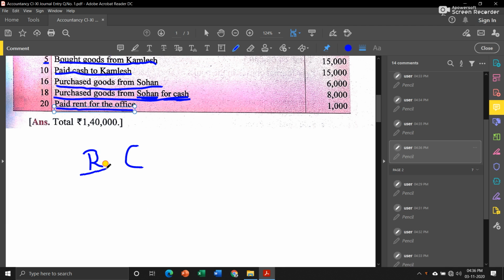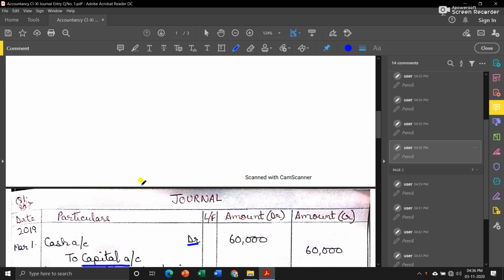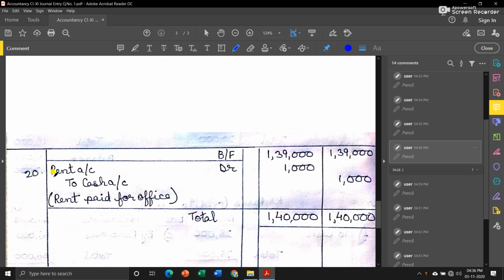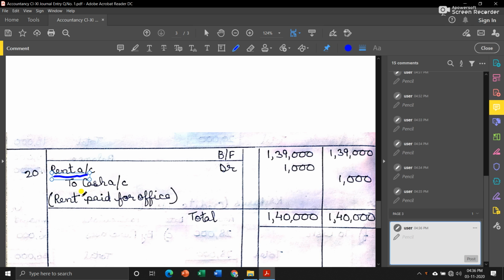Rent account is our expenses account, so according to the nominal accounts rule we have to debit all the expenses, and cash is our real account, and according to the rule of real accounts, credit what goes out. So while paying rent, cash is going out from our business, so we will write rent account debit to cash account rupees 1,000.